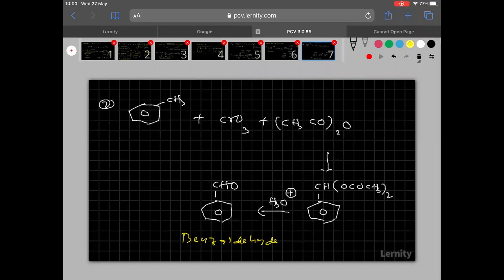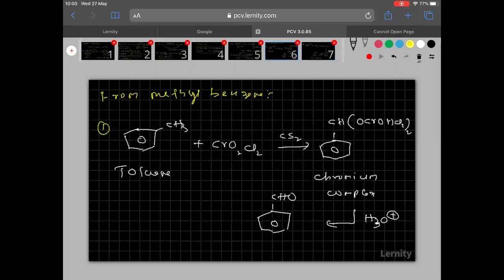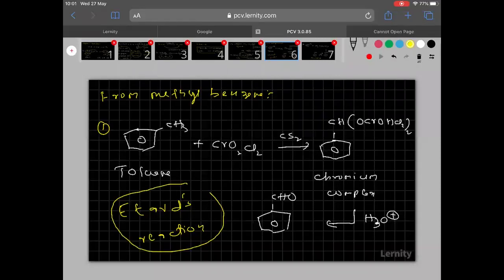Total some 3-4 methods are there. Clear? Once I want to go to previous slide. Okay, here I forgot to mention one important thing. Remember the previous slide. Okay, this reaction is called as Etard's reaction. Etard's reaction, this one.